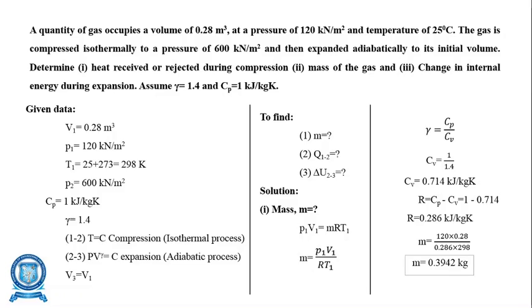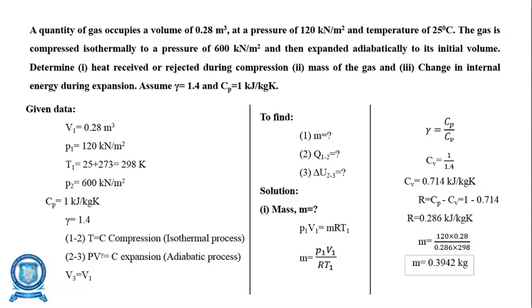A quantity of gas occupies a volume of 0.28 meter cube. The total volume is given, the initial volume V1 is equal to 0.28 meter cube at a pressure of 120 kilonewton per meter square. That is the initial pressure.